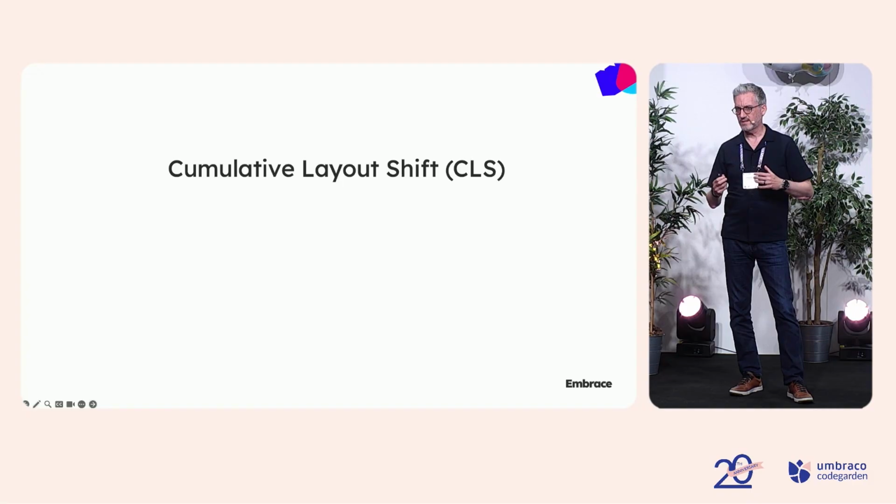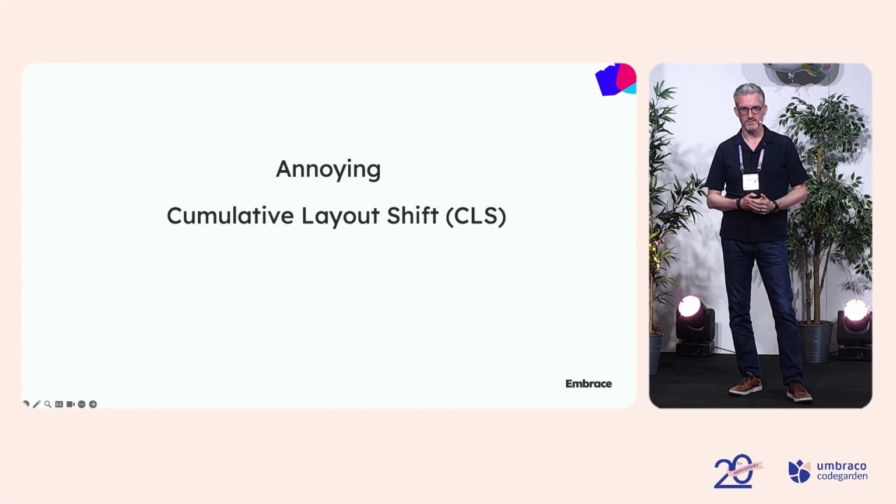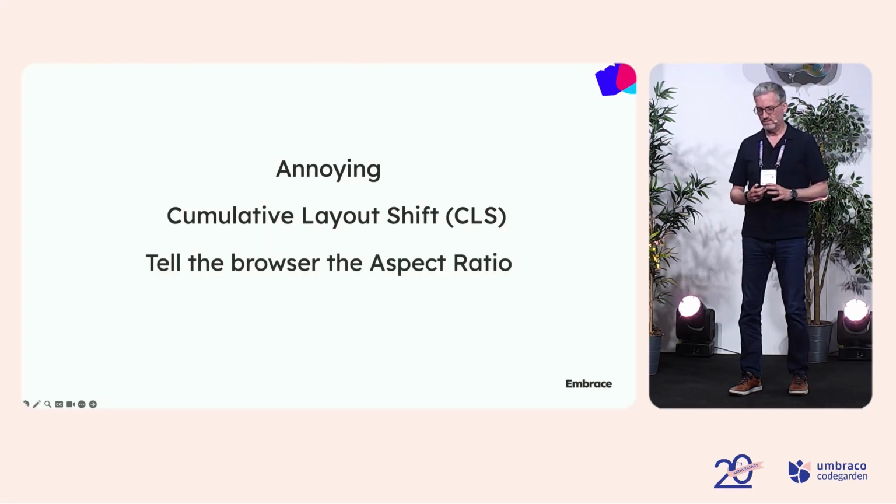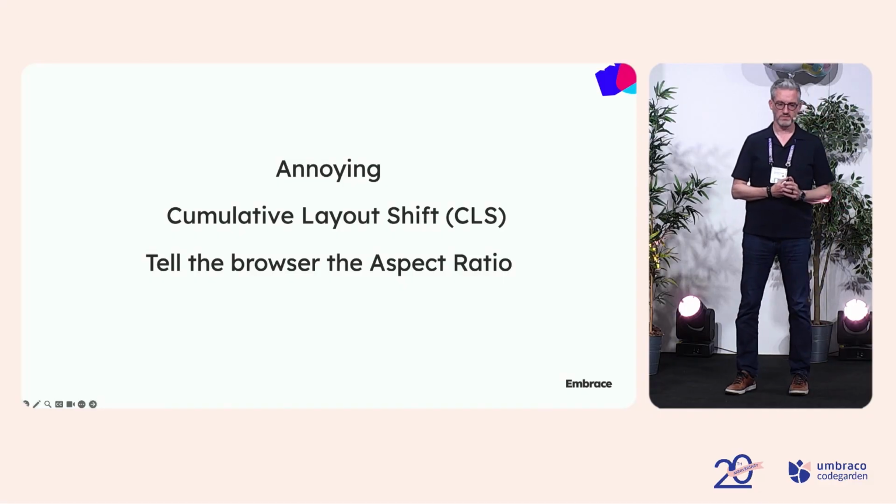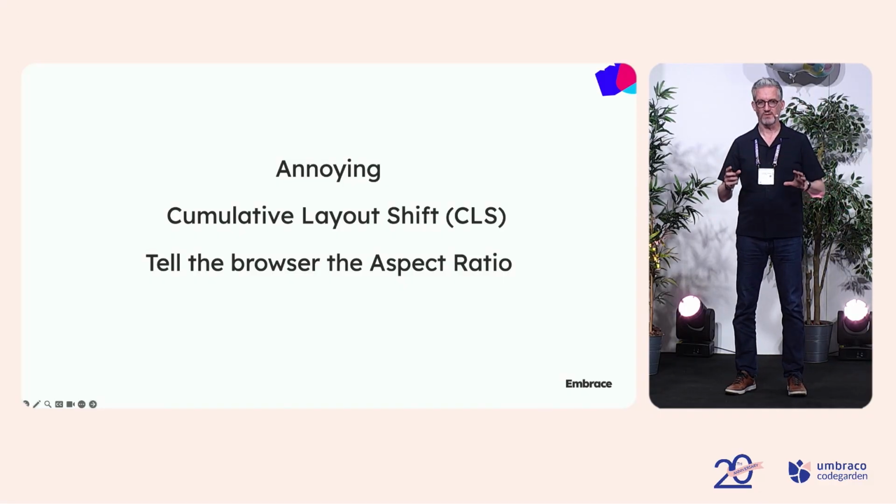Now, the thing with our expectations as users is we expect things to appear underneath everything in order. We don't expect things to appear out of sequence, because when we do, it's just really annoying. So CLS is a really big problem for usability. So the way to overcome it is to tell the browser what the aspect ratio is before it's even got the image.